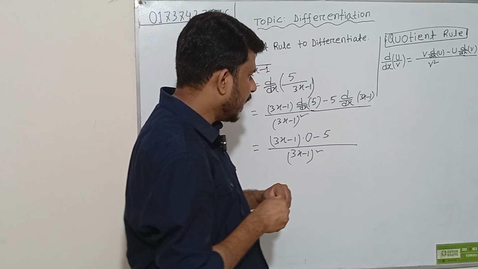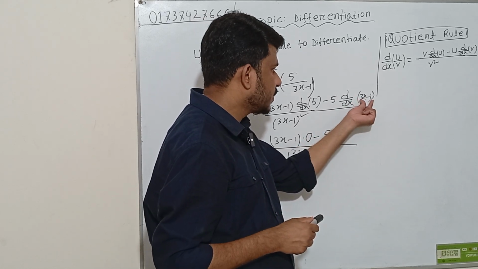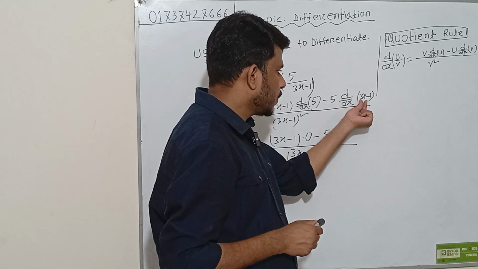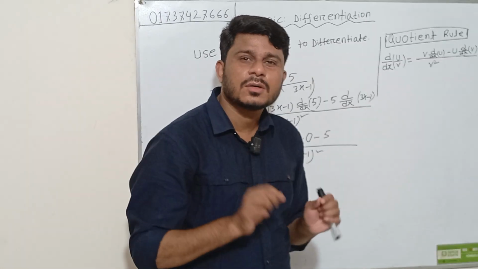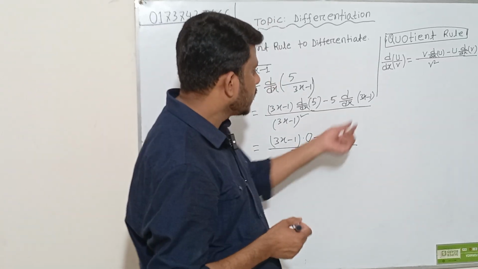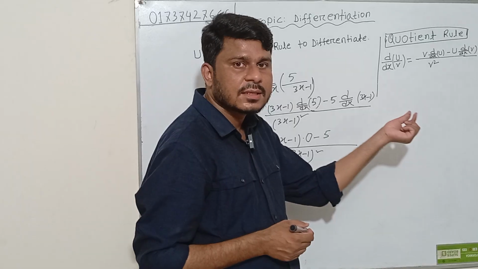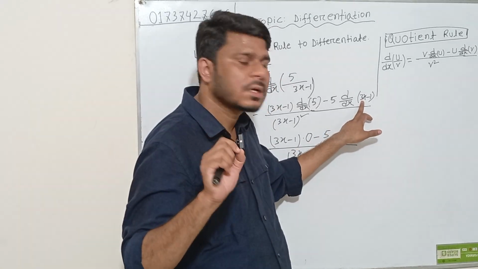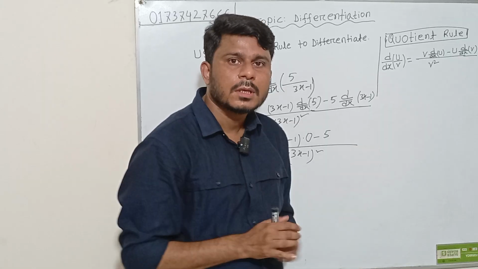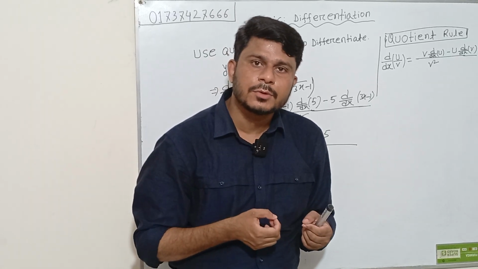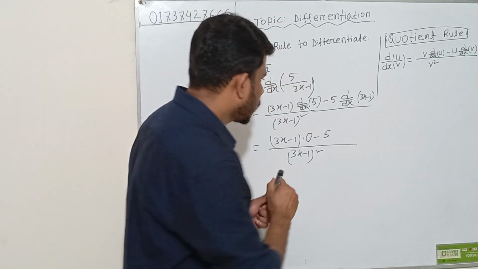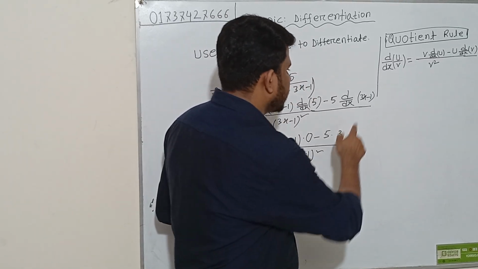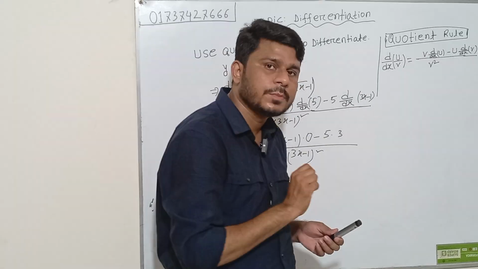Then we have to differentiate the whole thing with respect to x. First of all we differentiate this one, that means only 3x. Since 3 and x are multiplied together, here 3 is a constant and x is a variable. If a constant is multiplied with a variable, the constant is just copied, and if I differentiate the variable x, it will be 1.